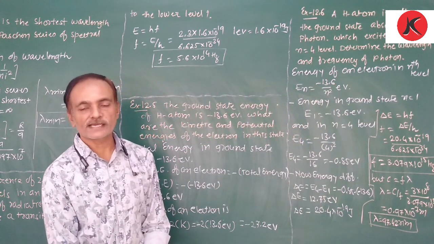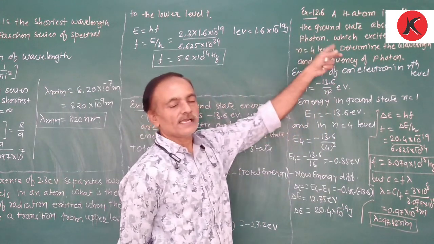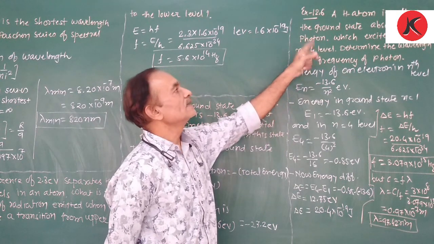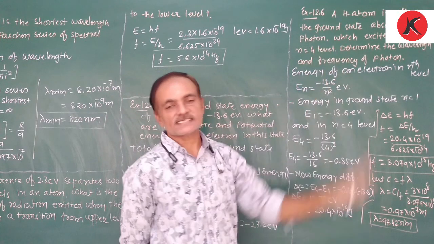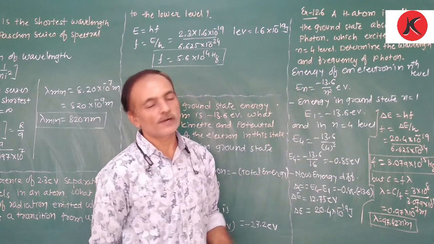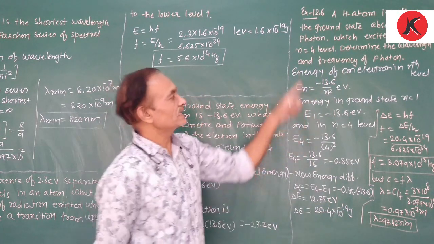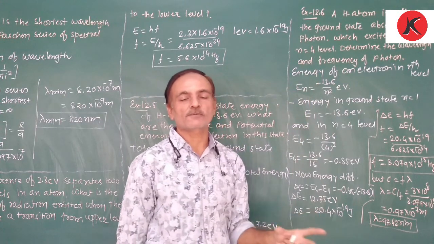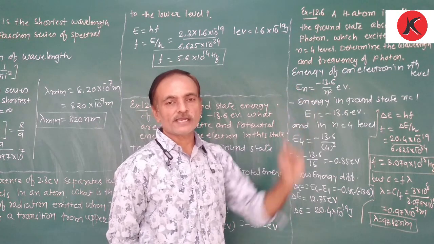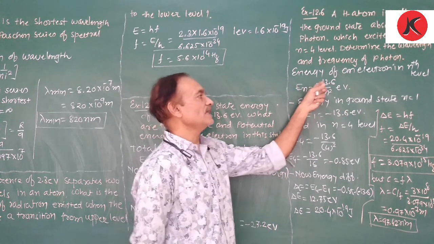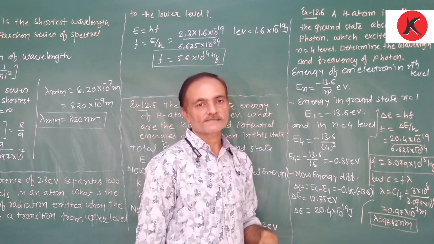Again, there is the numerical. Here, the electron in a hydrogen atom in the ground state absorbs a photon, and after that it is excited to the n is equal to 4 level. Determine the wavelength and frequency of the photon which is absorbed by the electron. First, the energy of an electron in the nth level, En, is equal to minus 13.6 upon n square.